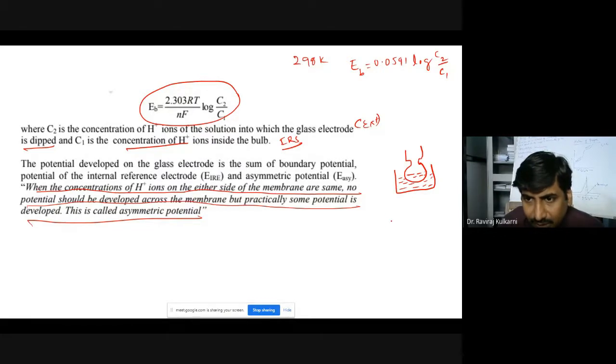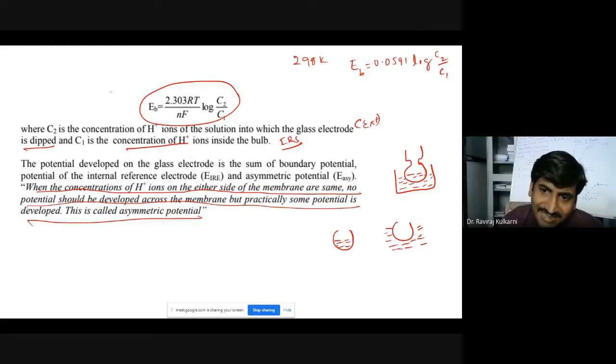See, if I show you only the external solution, it will be like this. If I take only the internal solution, it will be like this. See the difference? Potential is developed here, potential is developed here.